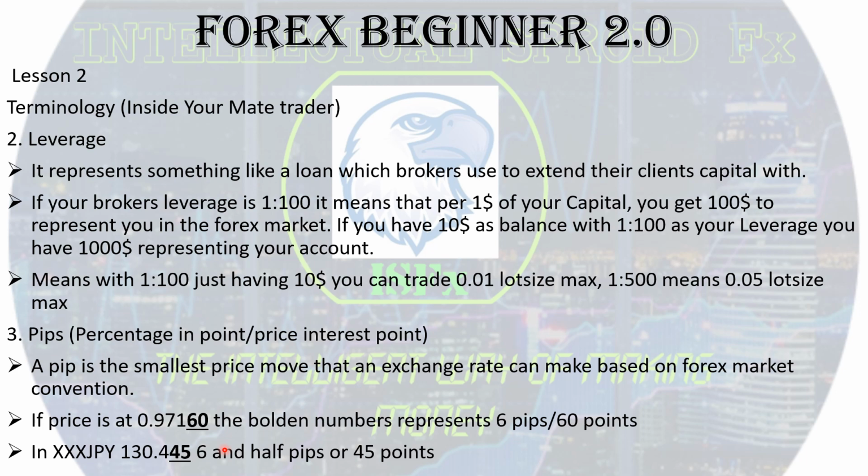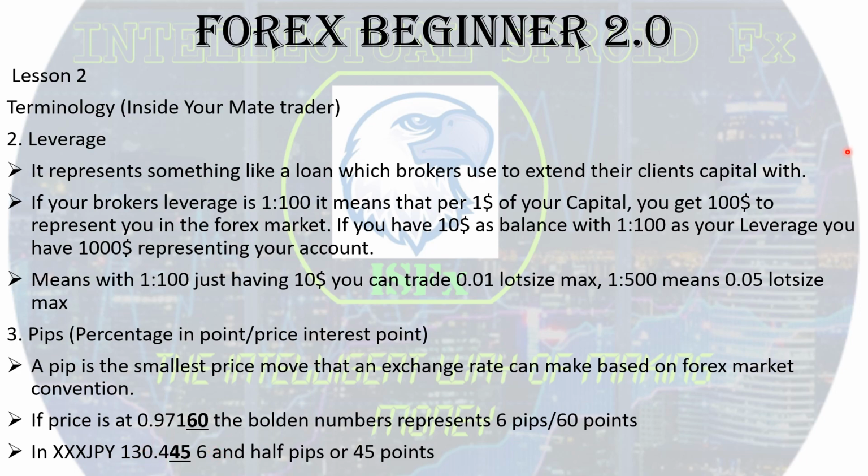So the number before the point is a bit huge compared to other ones. As you can see here, it starts with zero, and it's still the same. This is more like your 4.5 pips, which is 45 points. Where there's Japanese yen, you'll see this kind of price with three digits after the point.